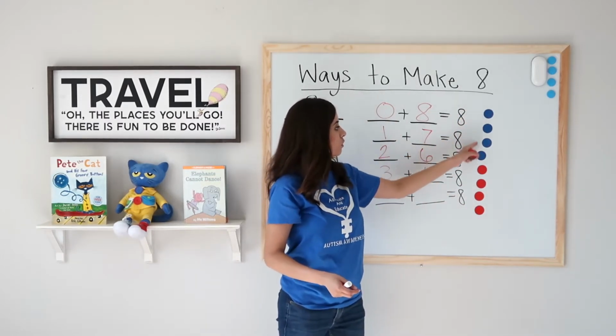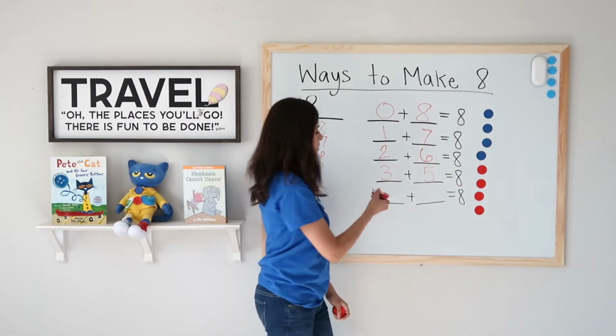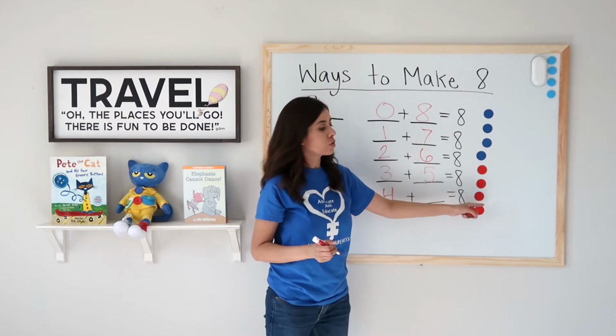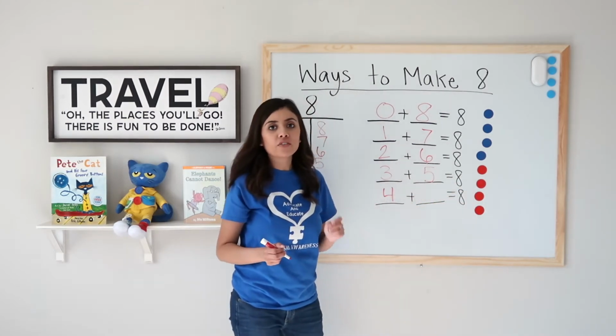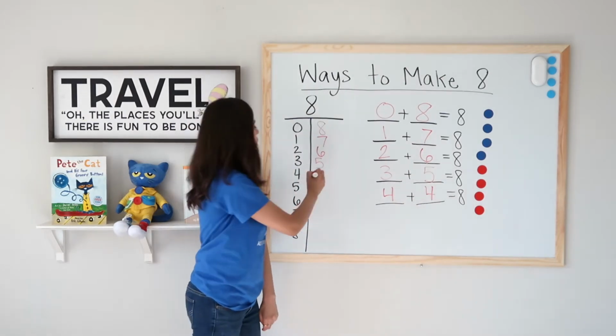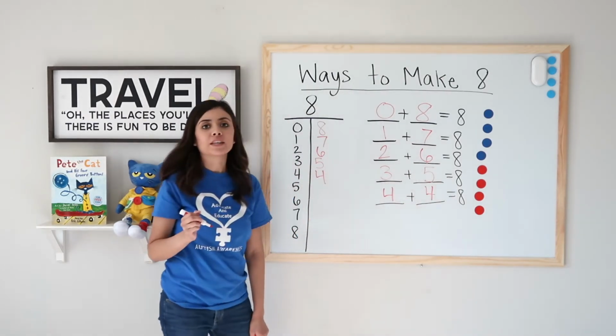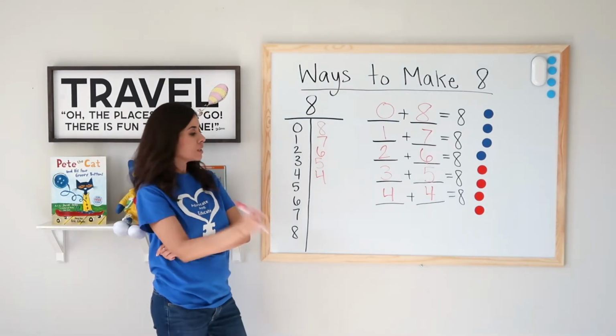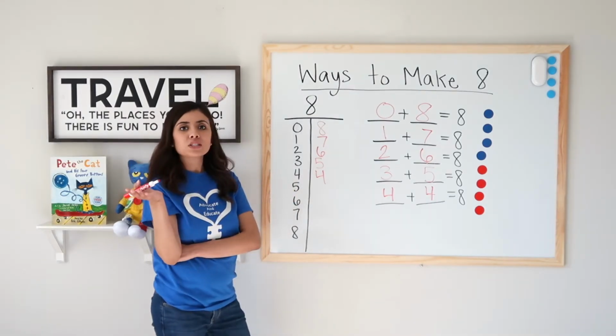I have 4 that are blue. And 1, 2, 3, 4 that are red. That means that 4 plus 4 equals 8.